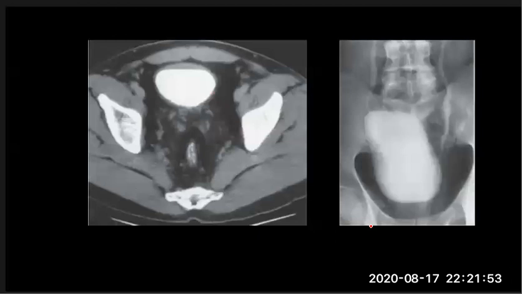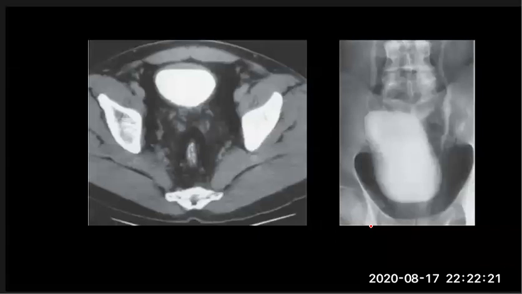What are other differential diagnoses? Hematoma, very good. Lymphadenopathy, very good. Any mass, but bilateral.